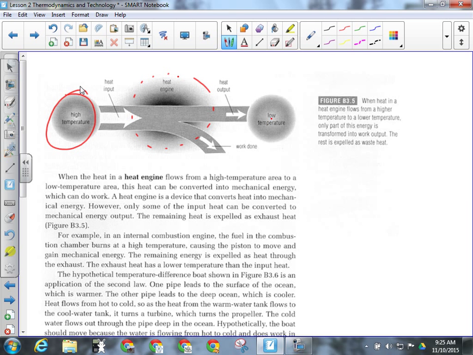So for this to work, you need really, really high and comparatively really, really low. That means more energy flows. The bigger the difference is between the two, the more energy flows. As soon as they're the same temperature, the energy flow is back and forth equally because we've achieved a state of equilibrium. So a heat engine only works as long as there's a big differential in the temperature of the two spots.